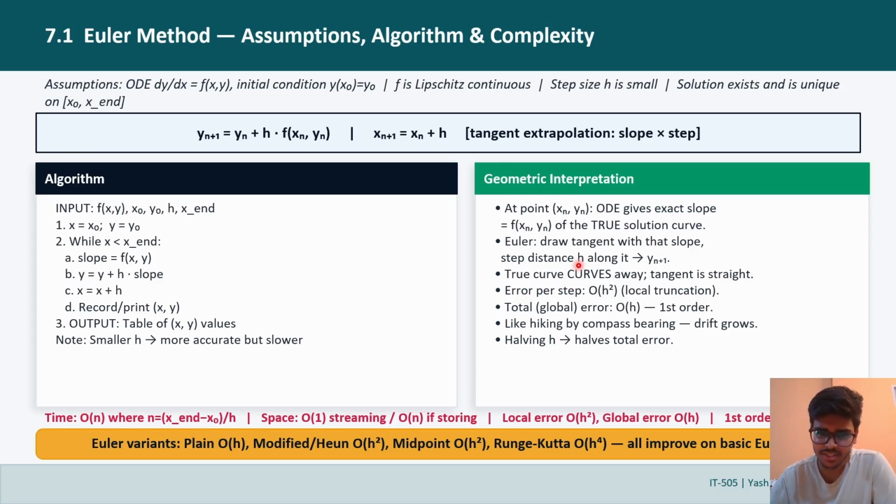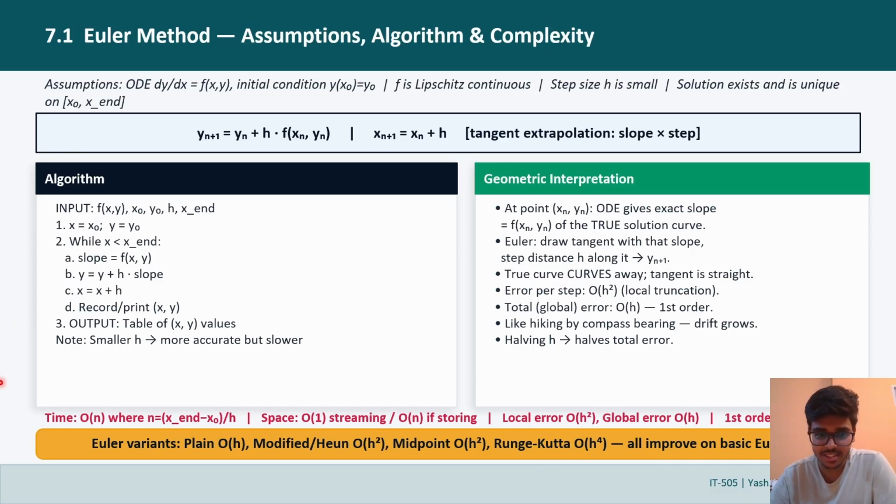The true solution curves away from this tangent line immediately, so the method accumulates error. The analogy is hiking by compass bearing in hilly terrain. You follow a straight bearing between checkpoints, but the actual shortest path curves. Smaller steps means you check your compass more often and stay closer to the true path.